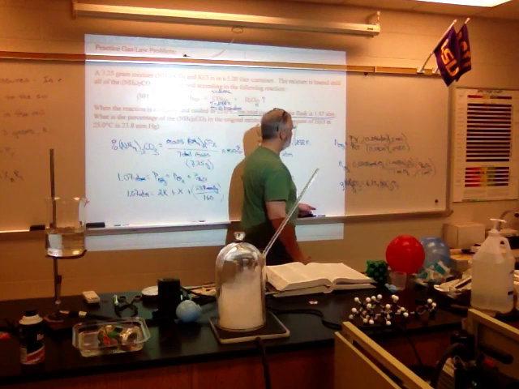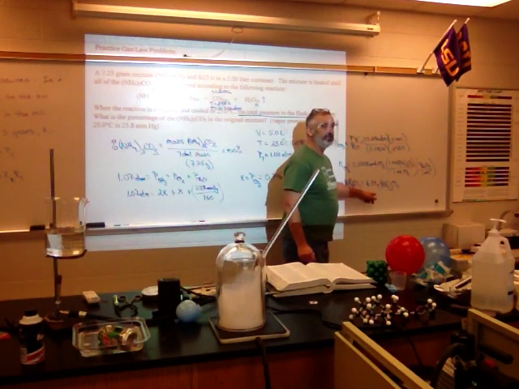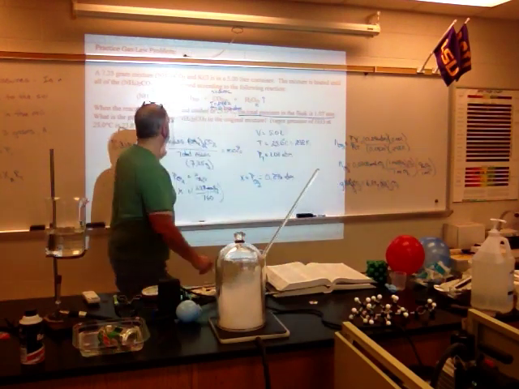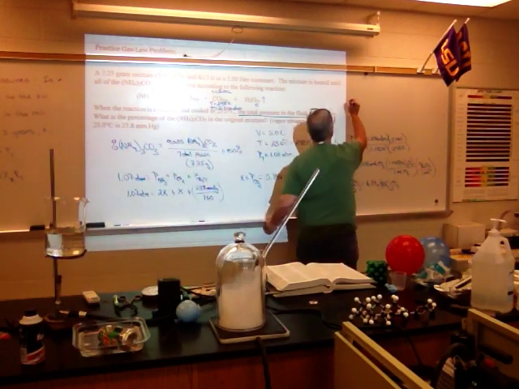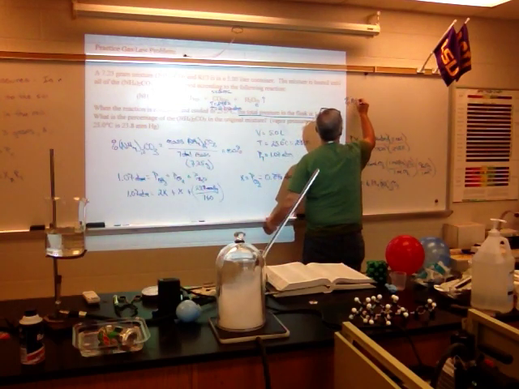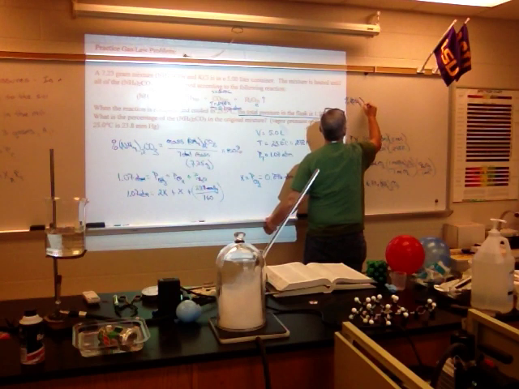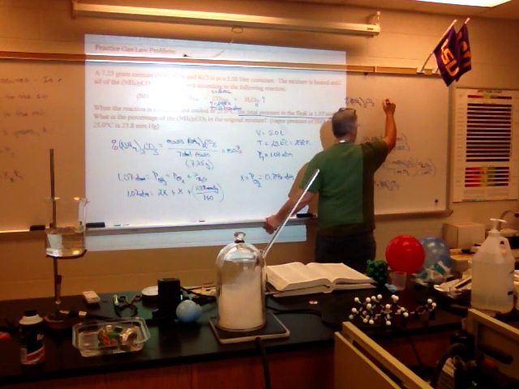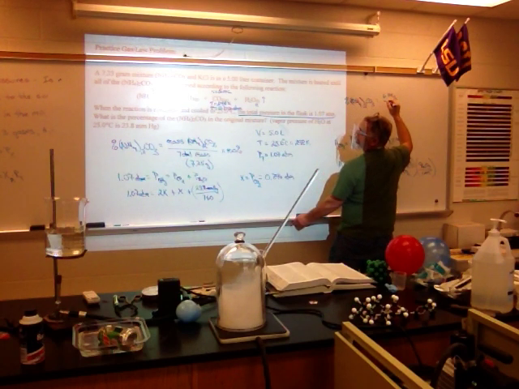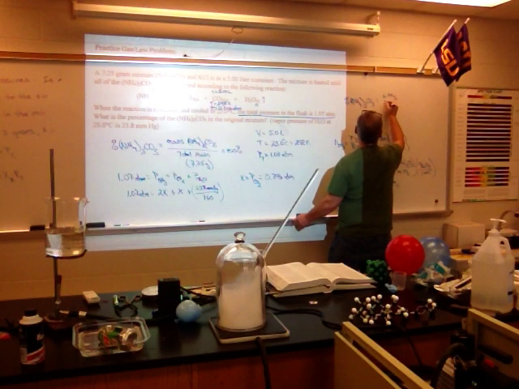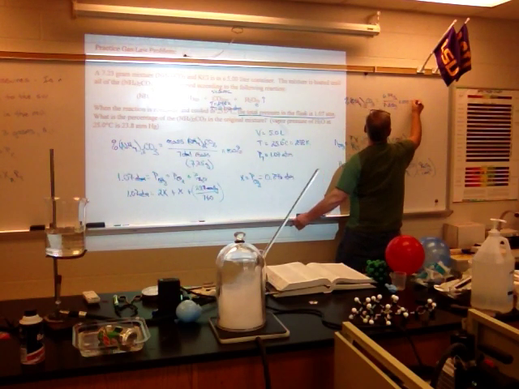So now, what do we do with this? This goes back to what we're originally looking for. So our percent (NH4)2CO3 is going to equal 6.79 grams divided by, what was it, 7.25 grams, times 100.